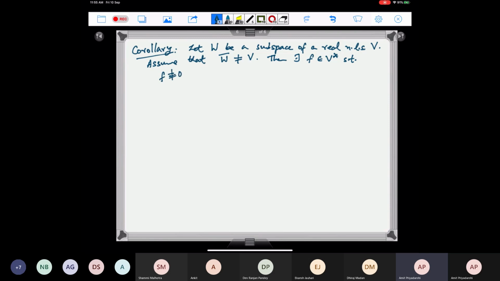So this is a non-zero bounded linear functional, and f(x) is equal to 0 for all x in W.